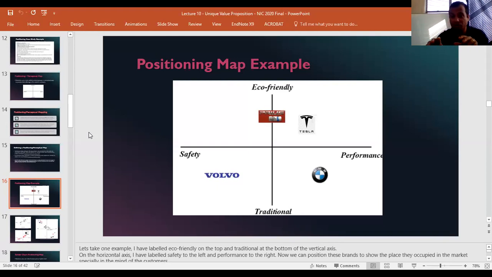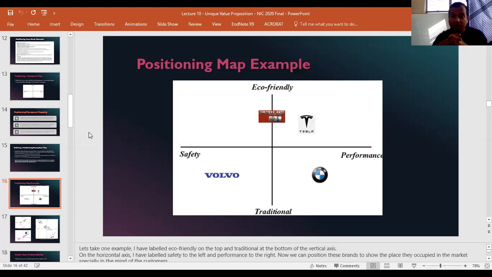I was googling about this product line of Toyota, and I came to know that it's a highly efficient, eco-friendly product. I searched for the top 10 highly efficient cars in the world, and the Toyota Prius came first, highly efficient and highly eco-friendly. So I put it in between, but on the top, very close to eco-friendly.